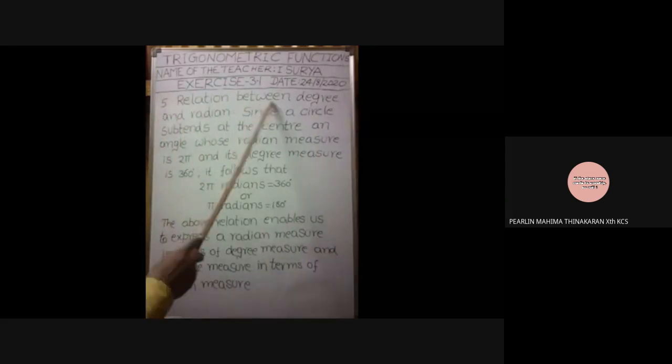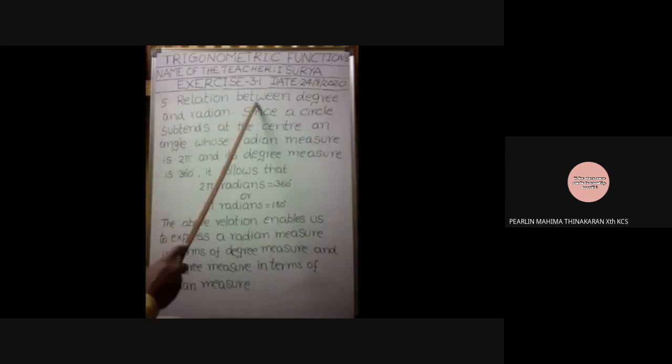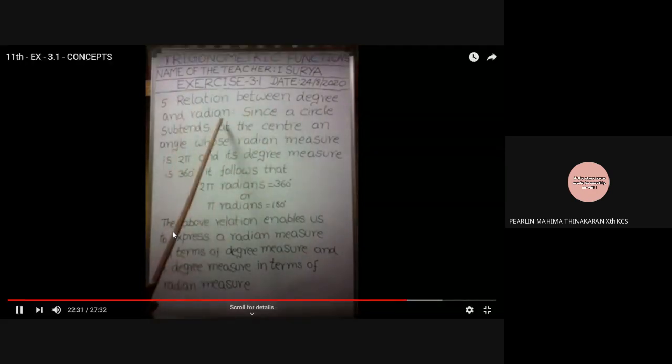Now come to the fifth point, that is, relation between degree and radian. Here we are going to discuss the relation between degree and radian measures.